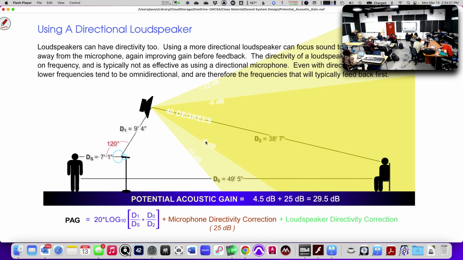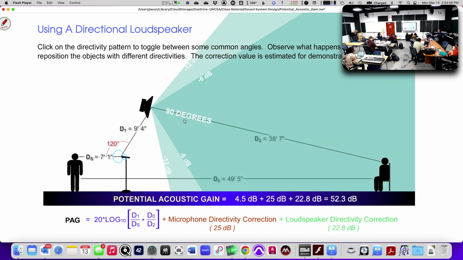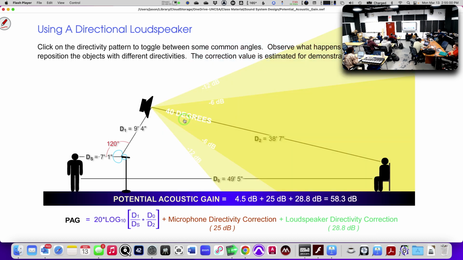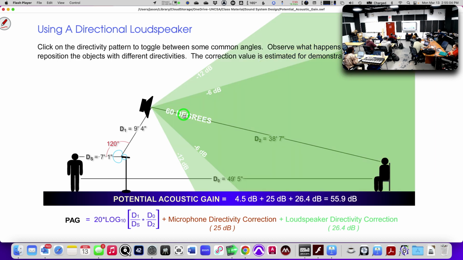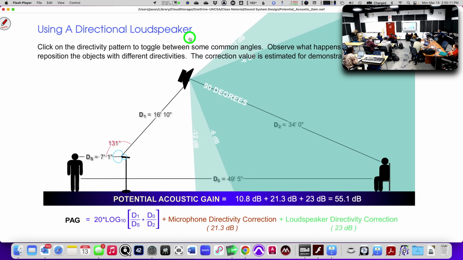So I'm doing pretty good now. Let's take a look here. If I go 90 degrees, I'm at 52.3 dB, 40 degrees, 58.3. And so, if maybe I have to do the 90 degrees, in that scenario I would want to get it as far away and at the null as much as I can.